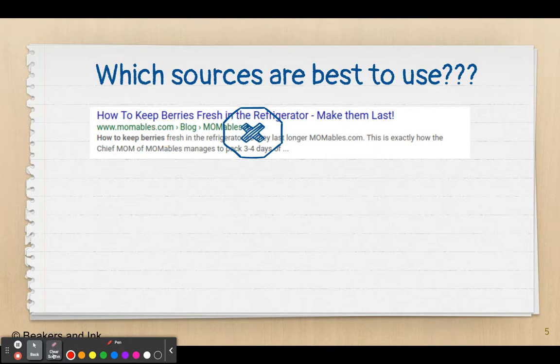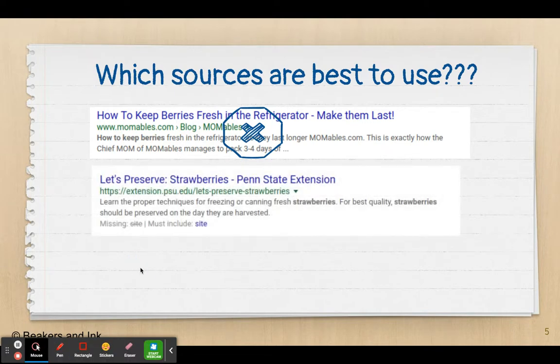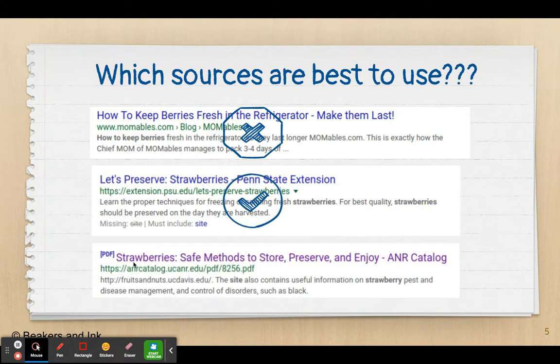If I were to move on to Let's Preserve Strawberries, Penn State Extension, this ends in .edu. This is a credible source. And finally, Strawberries, Safe Methods to Store, Preserve, and Enjoy. This ends in .edu. This is another credible source.